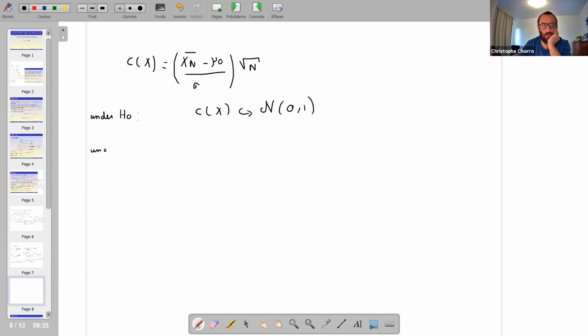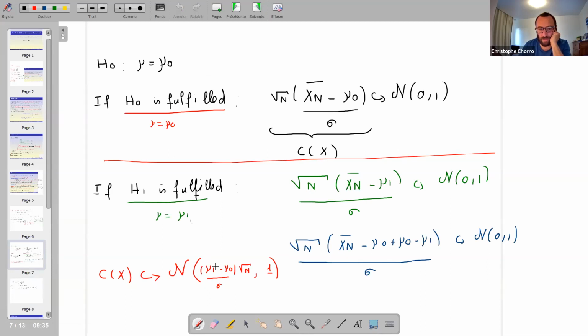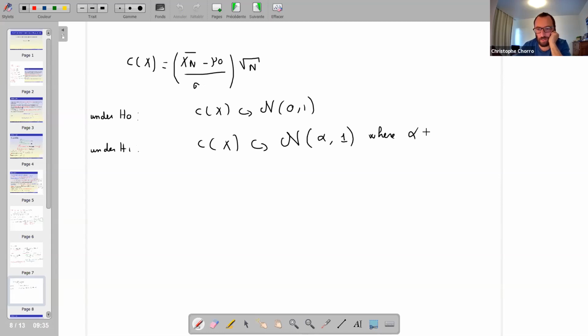And under H1, C of X follows the N. So I will give it a name. I will call it, let's say, alpha 1, where alpha is given by my previous slide. That is exactly this quantity of interest here, that is square root of n times (mu1 minus mu0) over sigma.